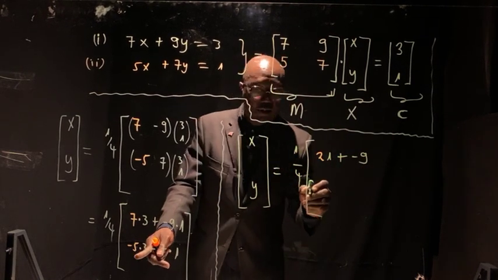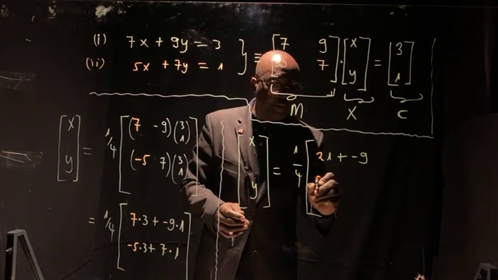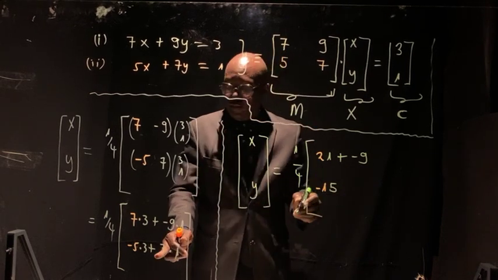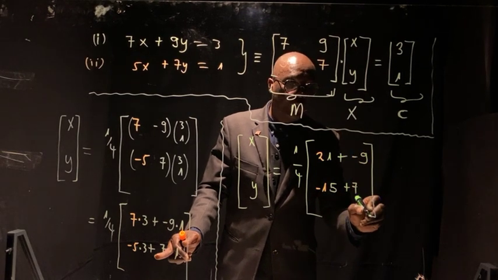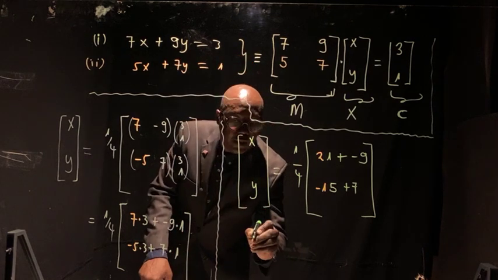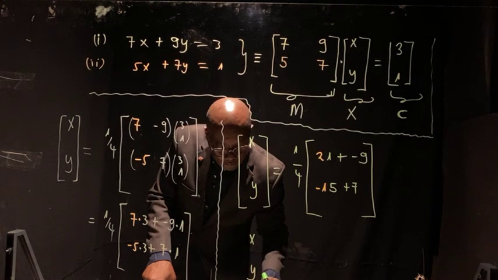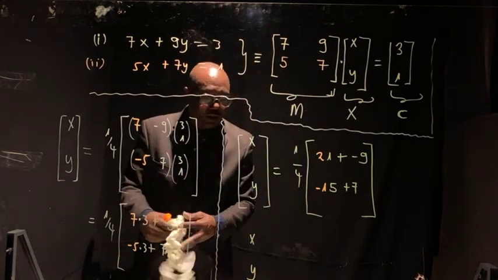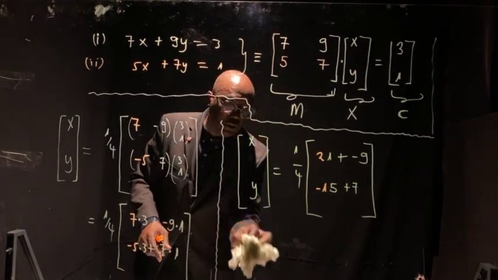Then we have here minus 5 times 3 is minus 15. Plus 7 times 1 is 7. Which is no different from x, y. I don't know whether you can see it properly. Maybe I have to make it smaller so that you can see it properly.